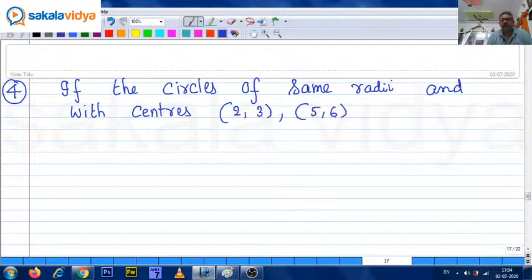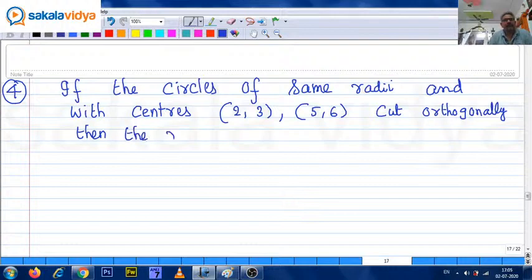That means center of the first circle is (2, 3), second circle is (5, 6), and we need to find the radius of each circle.